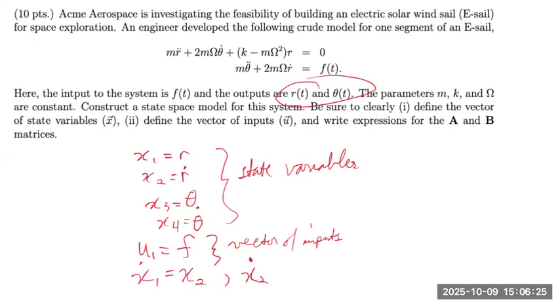And x2 dot is equal to r double dot, and we can solve this equation for r double dot, which is going to be equal to negative k minus m omega squared times r minus 2m omega theta dot, over m.